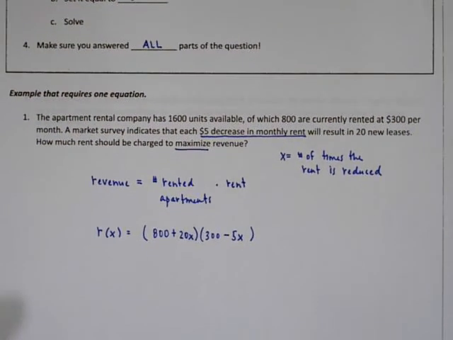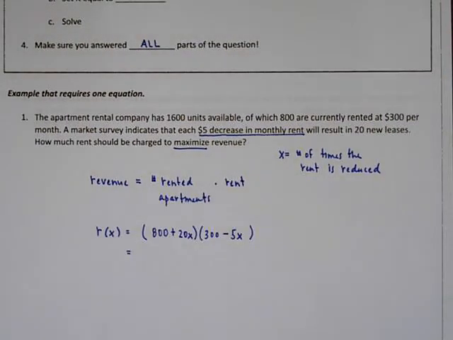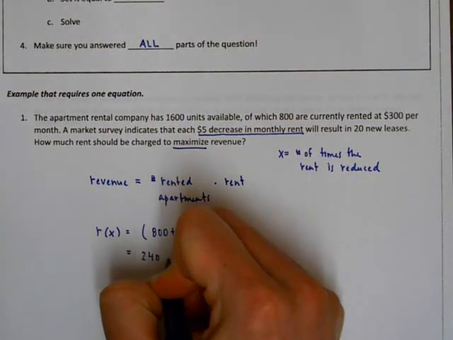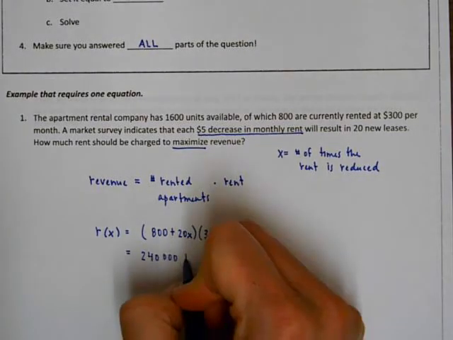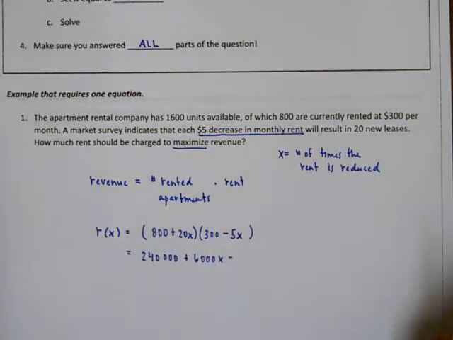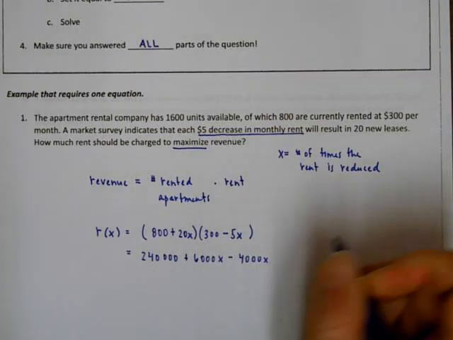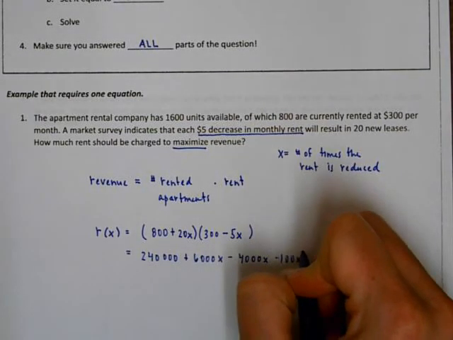Now, I know I'm going to have to take a derivative, so to make this a little simpler to work with, I actually want to expand this out. So we can do that really quick here. This is going to be 240,000, plus 6,000x minus 4,000x, and then minus 100x squared.